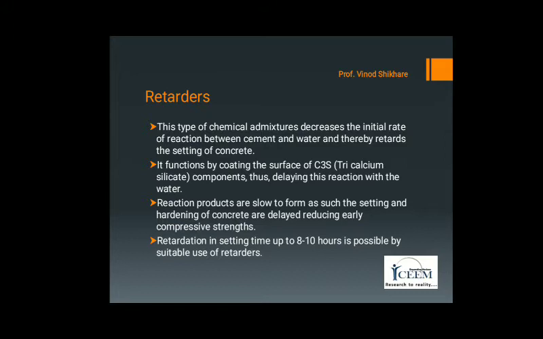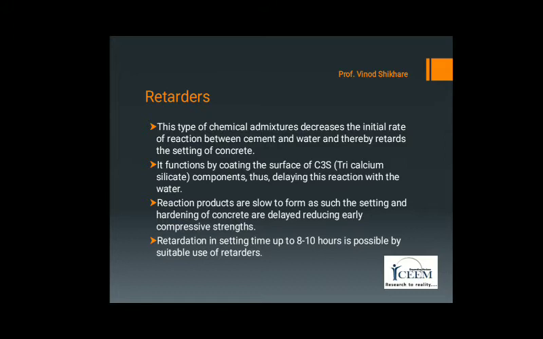Sometimes concrete may have to be placed in difficult conditions and delay may occur in transporting and placing. In RMC practices, that is ready mix concrete practices, concrete is manufactured in a central batching plant and transported over a long distance to the job site, which may take considerable time.